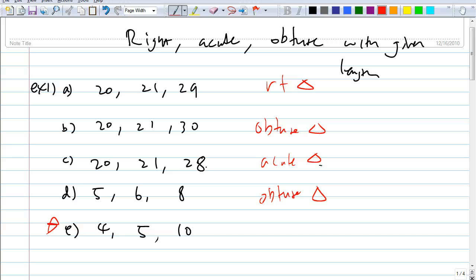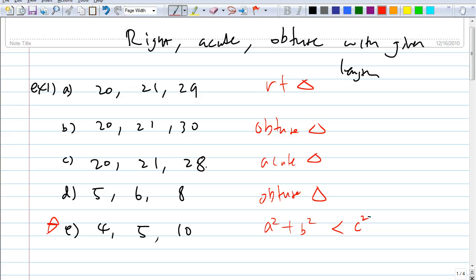And the longest side is bigger. Are you supposed to square the longest one? Yeah. So 8 squared is 64. Oh yeah, it's obtuse. Be careful. You have to square them all.